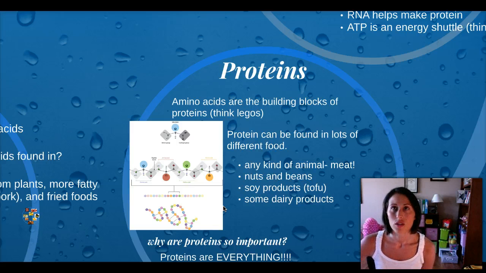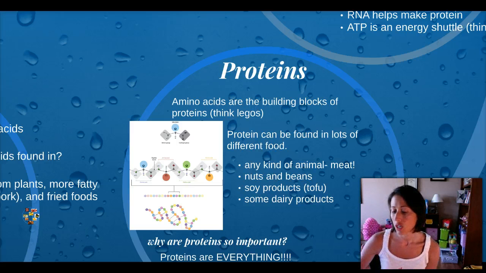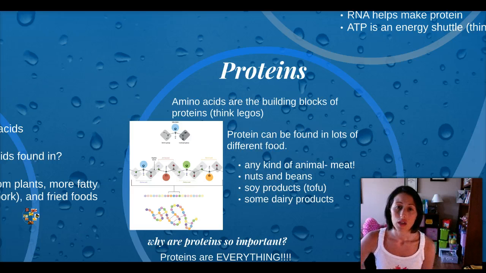Soy products, so if you've heard of edamame, that's a really good source of protein. Tofu, soy milk, lots of those have protein in them. And then some dairy products also are good sources of protein. You want to watch out though, because some of the dairy products are higher in fat, so then your body can't use that protein all the time like it's supposed to.